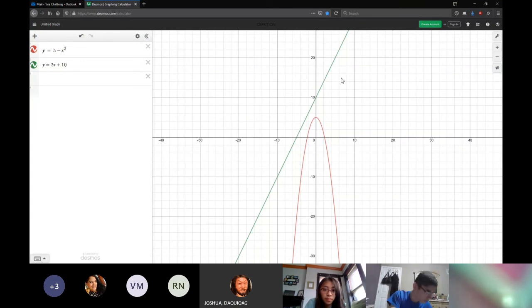So what you would do if you had a problem where you couldn't figure out how to factor it is go ahead and use a graphing calculator, and you would just double check that there are no solutions. Does that make sense?